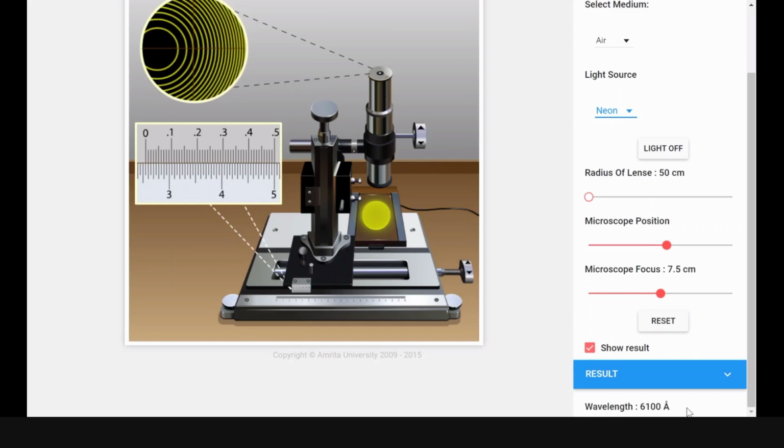Suppose you go for the first ring, third ring, fifth ring, seventh ring and ninth ring, you get 4 elements of D square n plus p minus D square m. In that scenario, you have to take the average value of D square n plus p minus D square m and put that average value in the equation of lambda. And then you will get the answer.